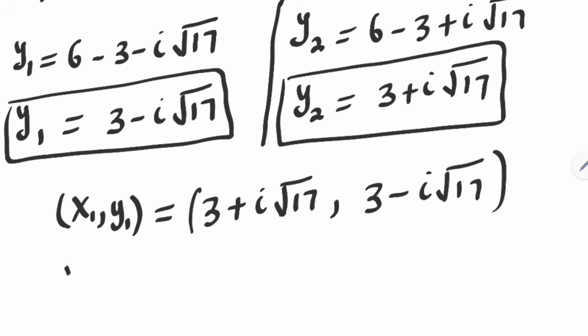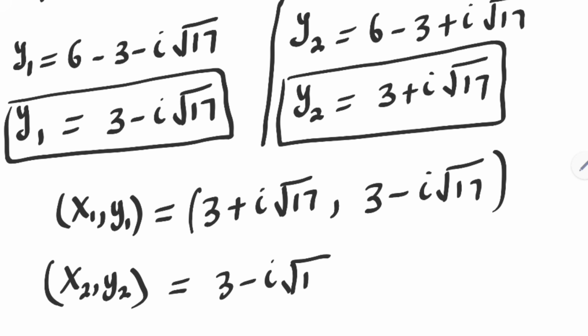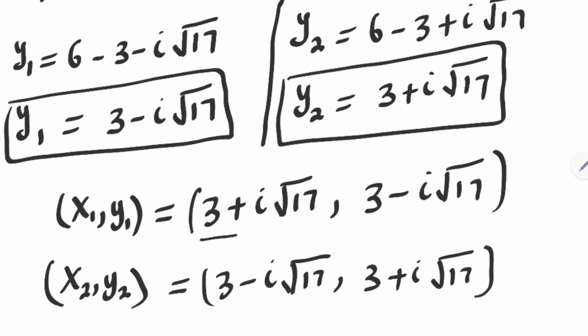Also, x2, y2 is equal to 3 minus i square root of 17, 3 plus i square root of 17. You can see that the value of x1 here is equal to the value of y2 here, and the value of y1 here is equal to the value of x2 here.